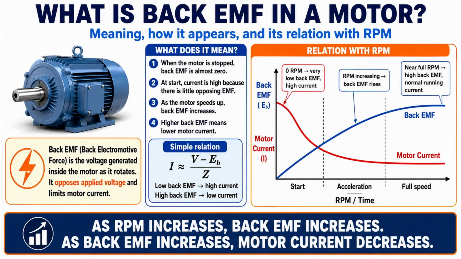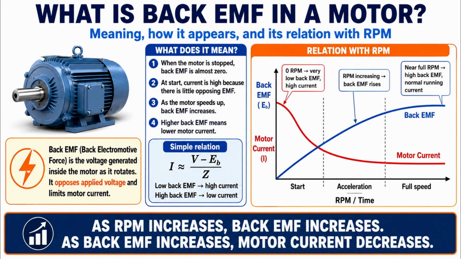Now let's look at why the current starts to come down as the motor speeds up. At the moment of starting, the rotor is stationary, so the motor has very little opposing electromagnetic effect. Because of that, the current is very high. As the rotor begins to accelerate, the motor develops more back EMF, or opposing voltage.